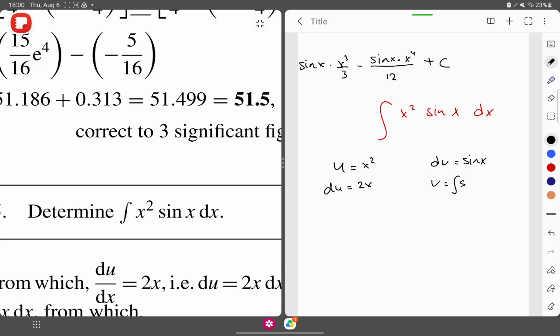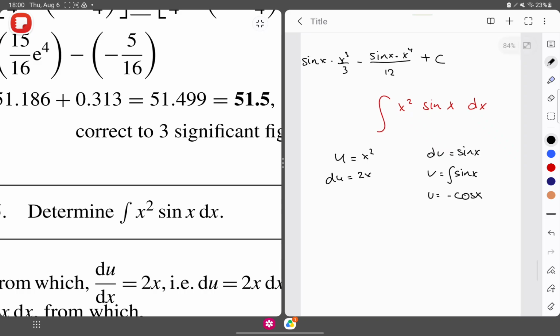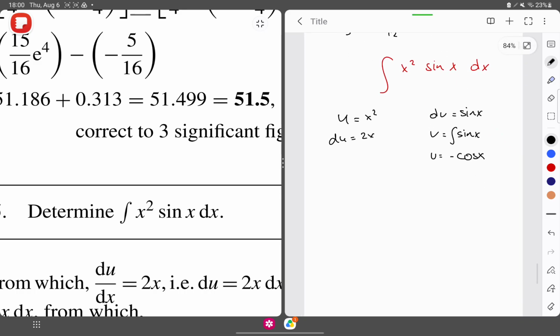Integral of sine x, v, will be negative cosine x, because the integral of cosine x is always positive sine x, and the integral of sine x will be the reverse one. And that is our v.